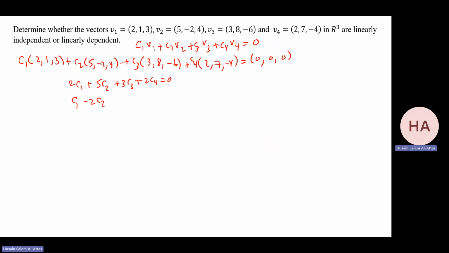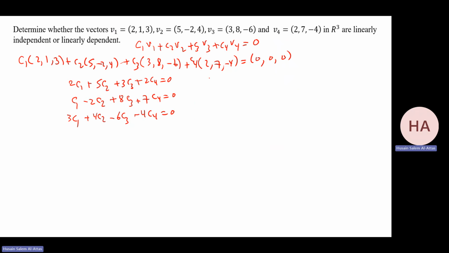C1 minus 2C2 plus 8C3 plus 7C4 is equal to 0. I'm doing it in detail. Actually, you can write it as the Gauss matrices right away, but I'm doing it in detail here. 3C1 plus 4C2 minus 6C3 minus 4C4 is equal to 0.